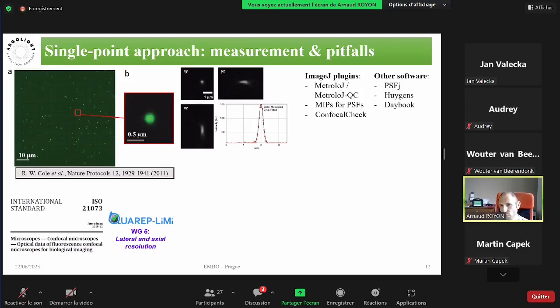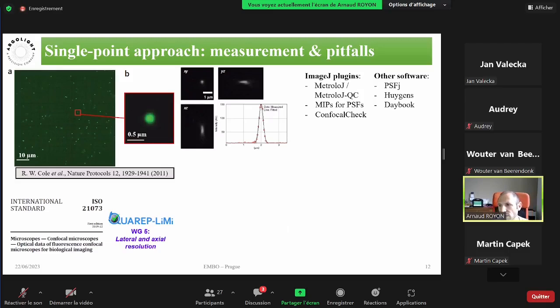There are many softwares that allow you to do that, to extract the full width at half maximum of PSFs. And some of them can do that only on one bead, and others like MetroloJ QC or PSFj can do that on many beads in the field of view, so that you can average and get statistics.